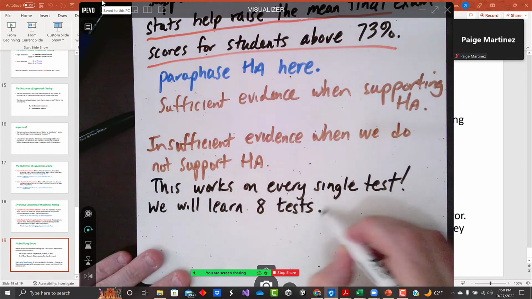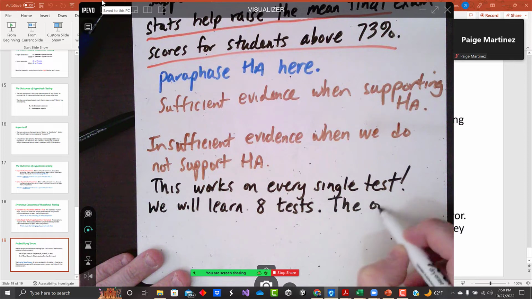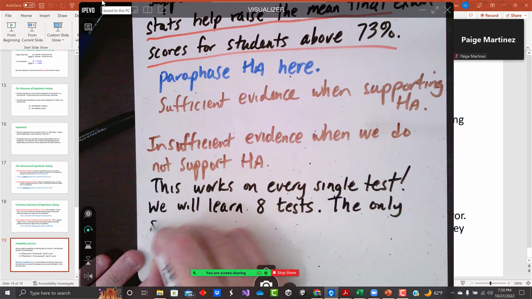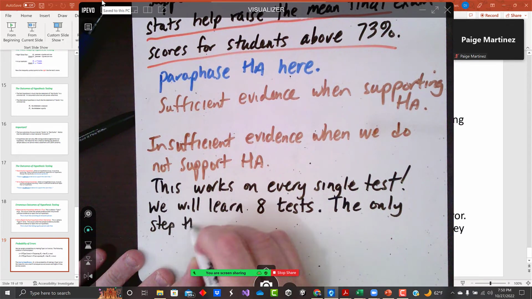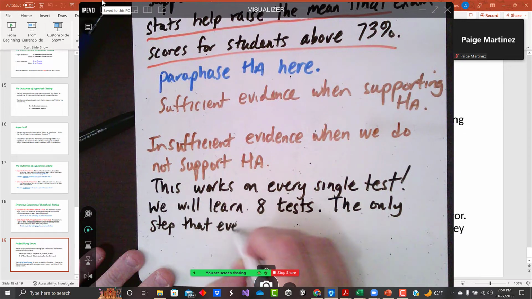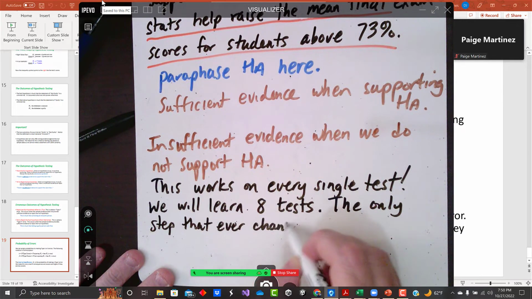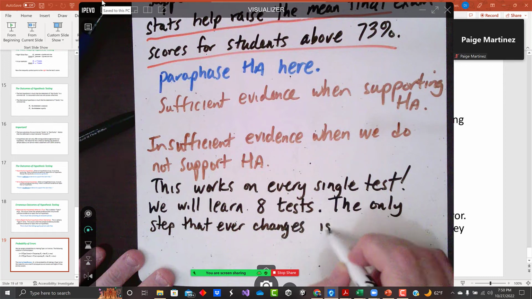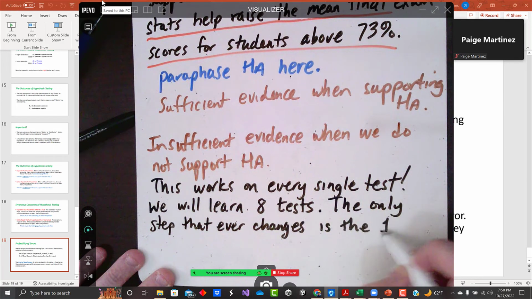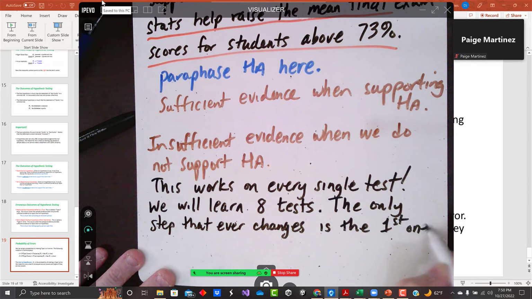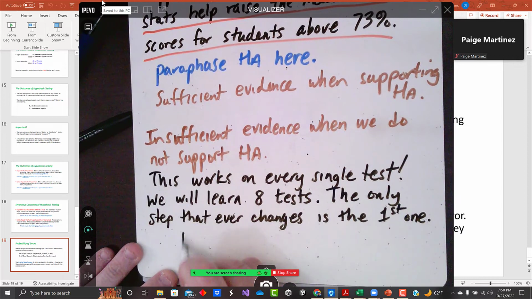The only step that ever really changes is the first one. How we label H0 and HA.